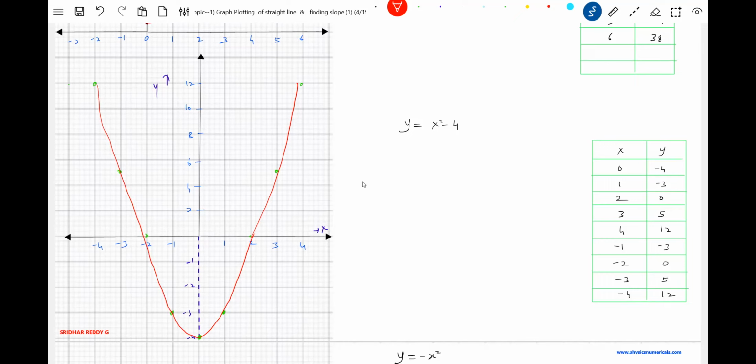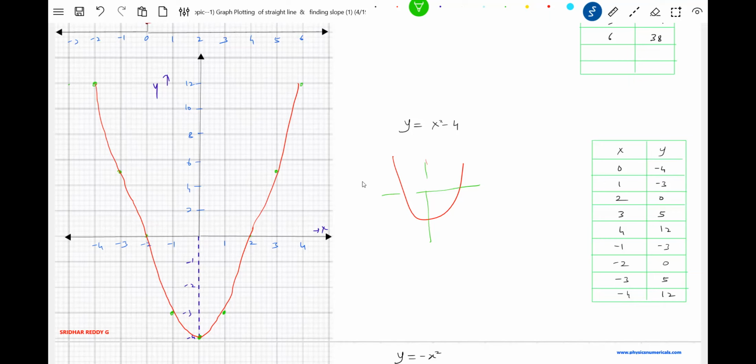Okay, so we are supposed to get a smooth curve here. So actually the curve will be like this. Able to understand? So that smooth curve should be like this here.